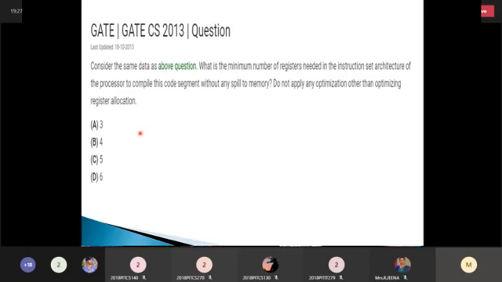So next is 2013 again, the paper where we are considering the same data as our above question. What is the minimum number of registers needed in the instruction set architecture of a processor to compile this code segment without any spill to memory? Do not apply any optimization other than optimizing register allocation. The values they have given are 3, 4, 5, 6.